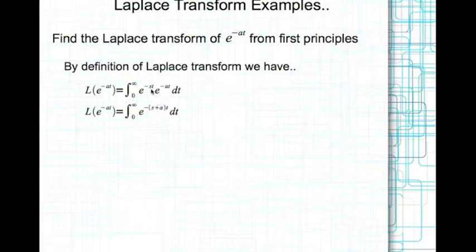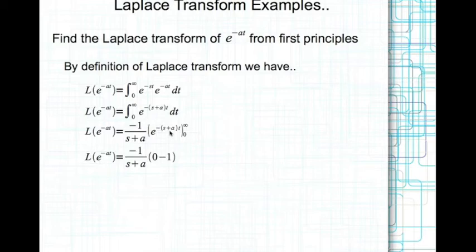You can add the exponents here like so, and you know what the integral of e to the power of minus s plus a t is with respect to t. It's this, and then you evaluate the integral between 0 and infinity. At 0, this expression is 1 inside the bracket. At infinity, this expression is 0. That's what you get. So Laplace of e to the power of minus at is equal to 1 divided by s plus a.